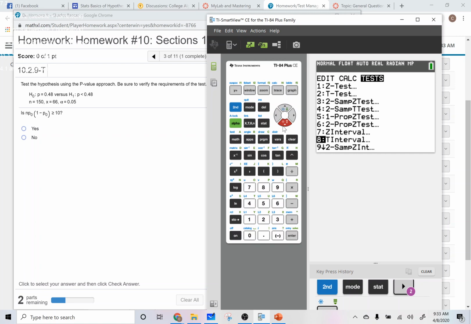That's if you want an interval that deals with the mean. Two sample Z interval is if you have two samples with means in them and you want to get an interval for those. We've got one prop Z interval. These are proportion intervals.